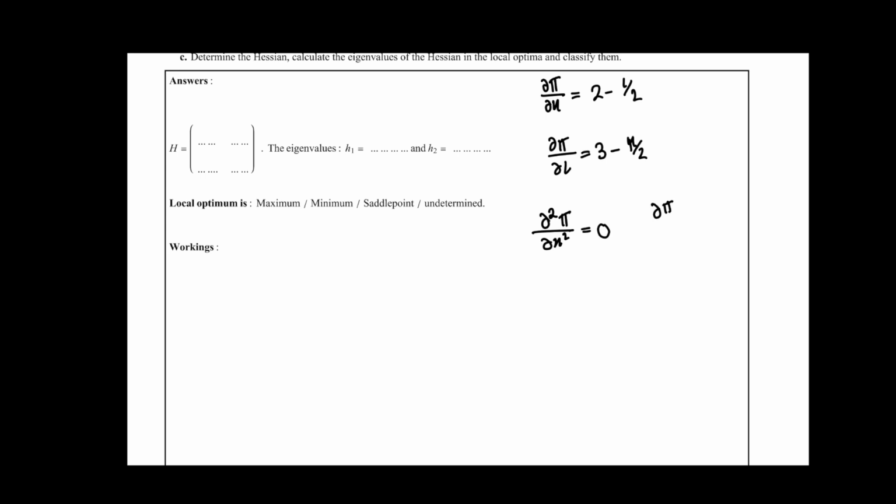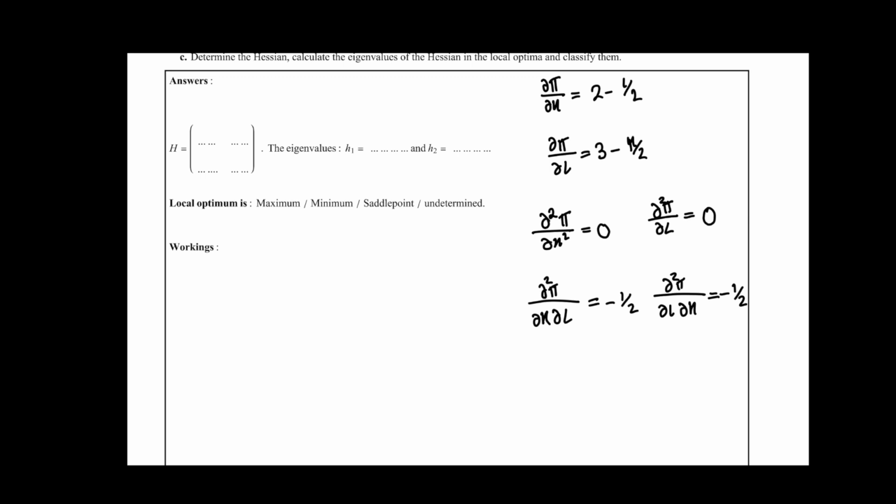When we differentiate the partial derivative with respect to L again with respect to L, we get 0. When we differentiate the partial derivative with respect to K with respect to L, we get minus a half, and that's the same when we differentiate with respect to K. We get minus a half.